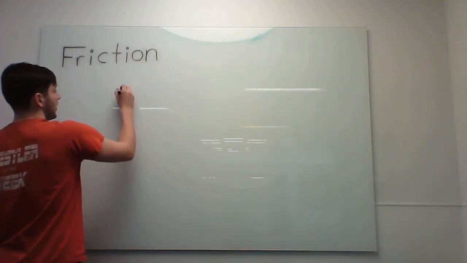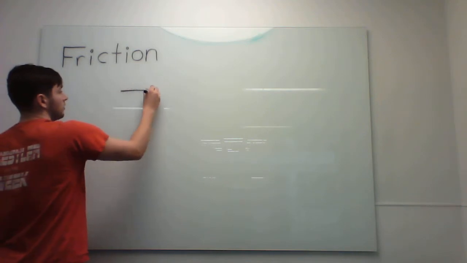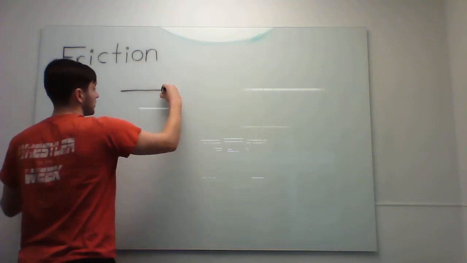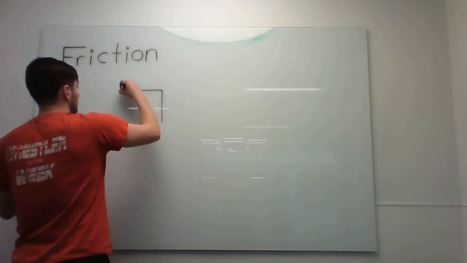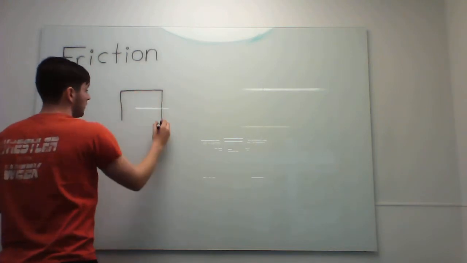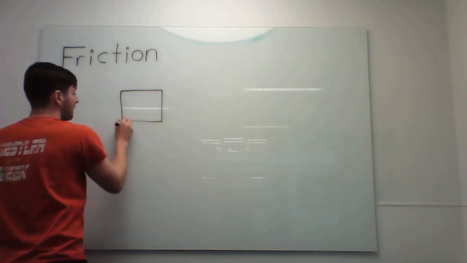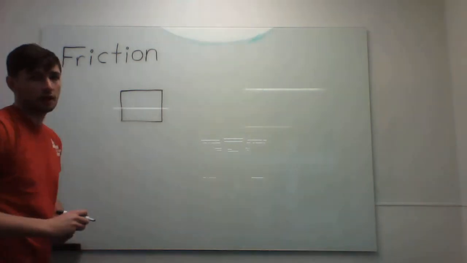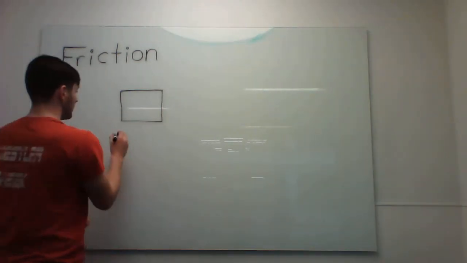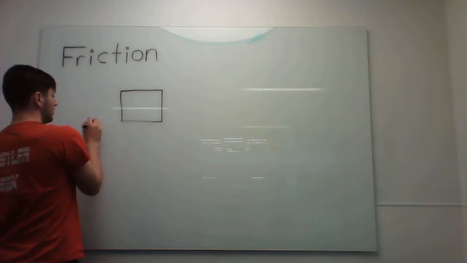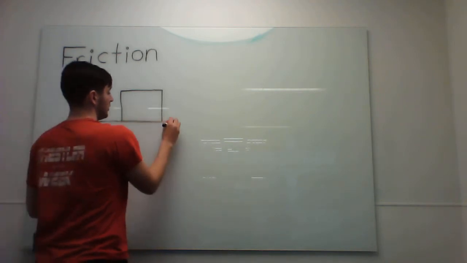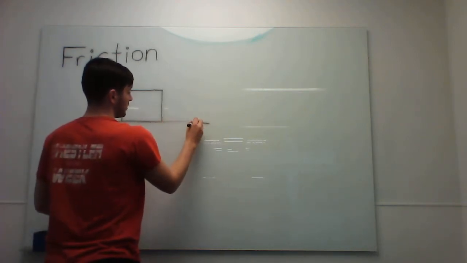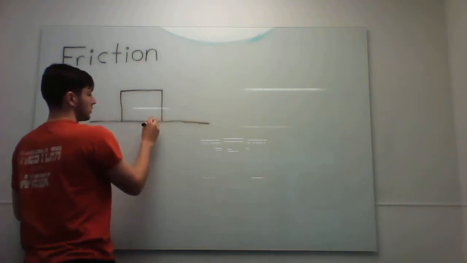So let's say we have this box. Alright, we have this box that is along this surface. This is not a smooth surface.